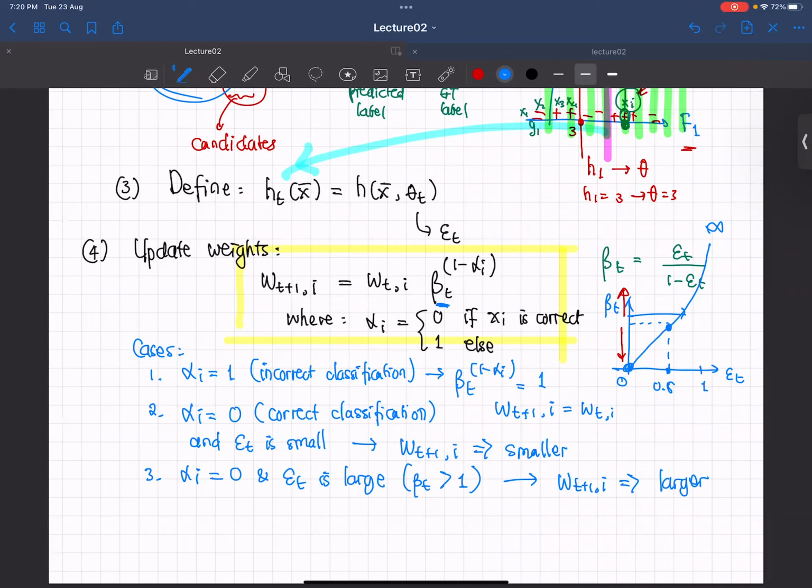But then for the third one, it's actually correct classification, but the error is high. It's a bad classifier. And in that case, you increase the weights.